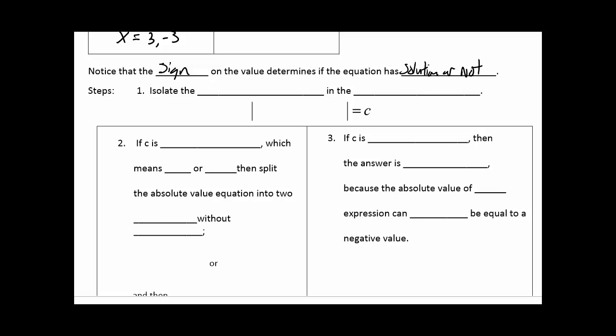As far as how we handle this, we want to isolate the expression in the absolute value bars, in other words, make it look like the expression on one side equals the constant.